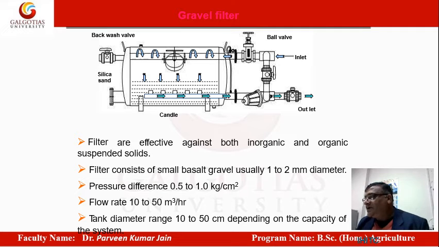Now the water, as per requirement, is given to this filter, and the rest is sent back to the well or the water source by the bypass assembly. So the water goes back by bypass, and as per requirement it goes in this tank. Now, what is happening in this particular kind of filter?